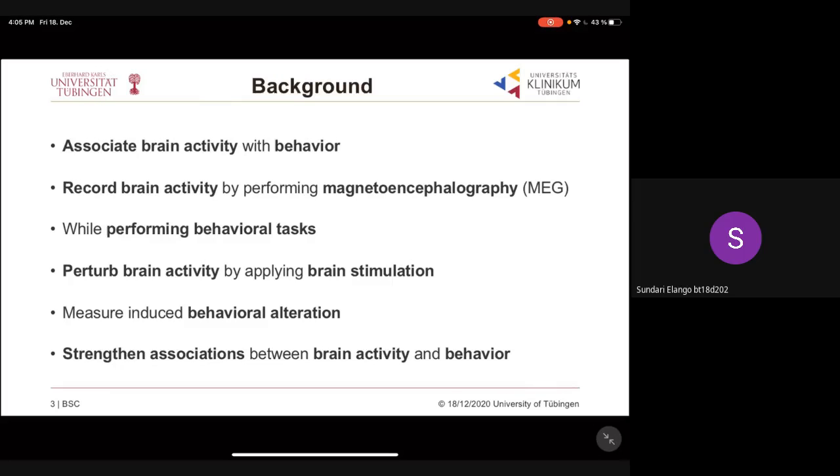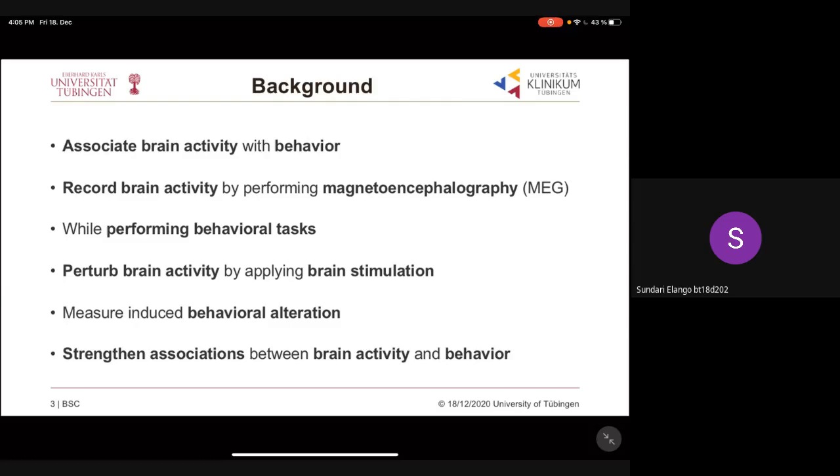So the general framework which I normally use for designing my studies is to try to associate some kind of brain activity with behavior. For recording brain activity, I'm usually using, in this specific study, magnetoencephalography. There are also other studies where I'm using electroencephalography. We do these recordings while people are performing some kind of behavioral task, and then use the perturbed brain activity which is related to the task and apply brain stimulation to modulate this brain activity, and then again measure the induced behavioral changes.